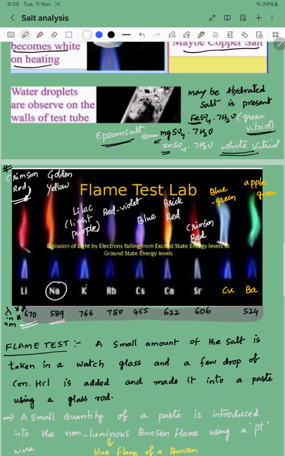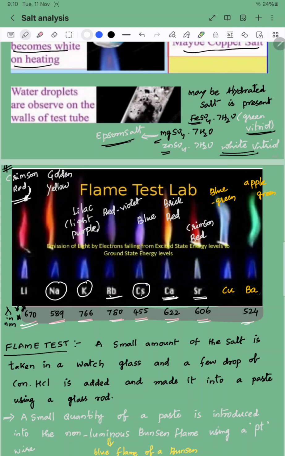Potassium will be lilac, or light purple. Rubidium, remember, as red violet. Cesium will be blue. I mentioned the wavelengths, students, just practice and remember, these are points to remember. Next, calcium will be brick red.